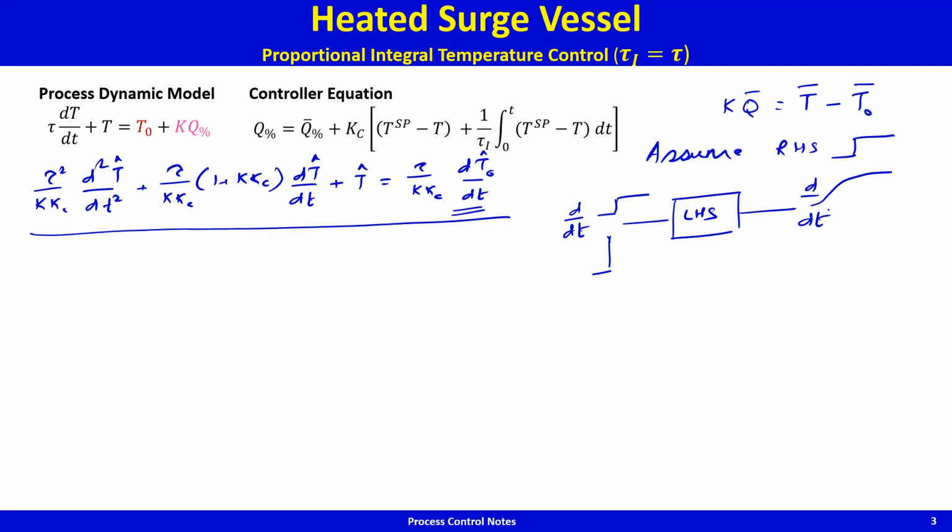So the approach we are going to take is solve this equation assuming a step forcing, and then whatever is the response that we get, tau by kkc times the derivative of that response will give us the actual response to this derivative forcing. I hope this is clear to you.